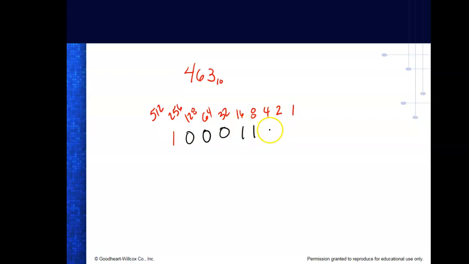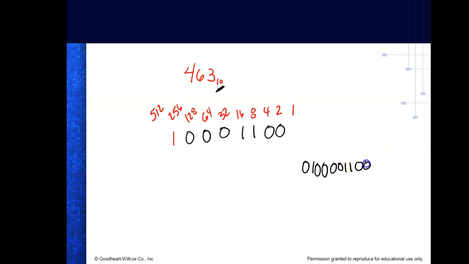No, this is base 10. We're going from base 10 to base 2. So let's take this number y'all are coming up with, and you're telling me it's this, right?